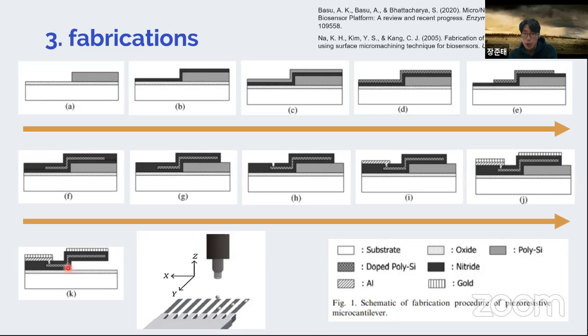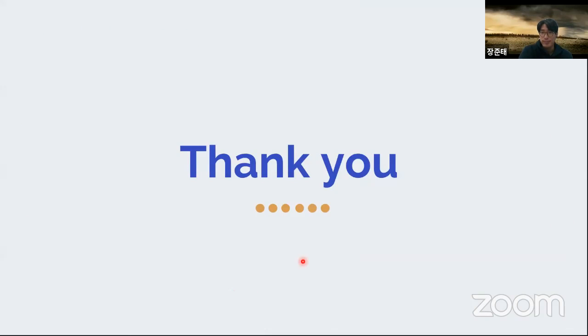And lastly, etching this side chemically, and lastly covering with biomolecules. So we've checked the whole simple fabrication process of piezoresistive cantilever biosensors, and this is the end of my presentation. Thank you for your listening.